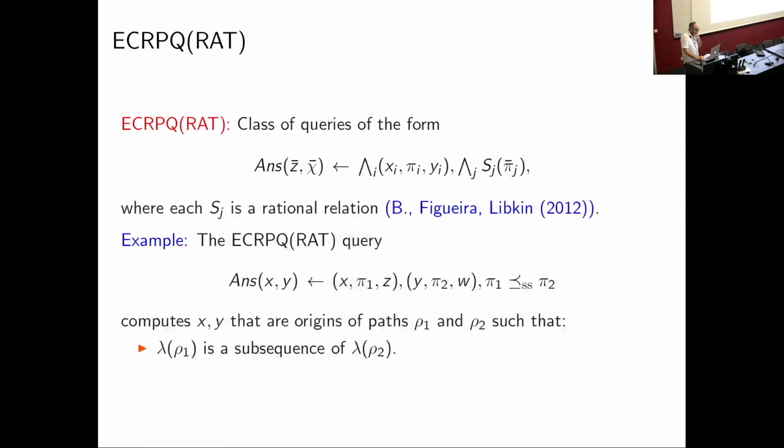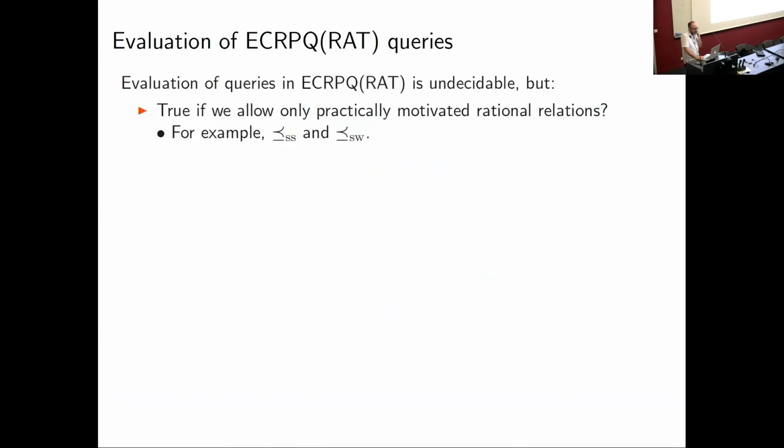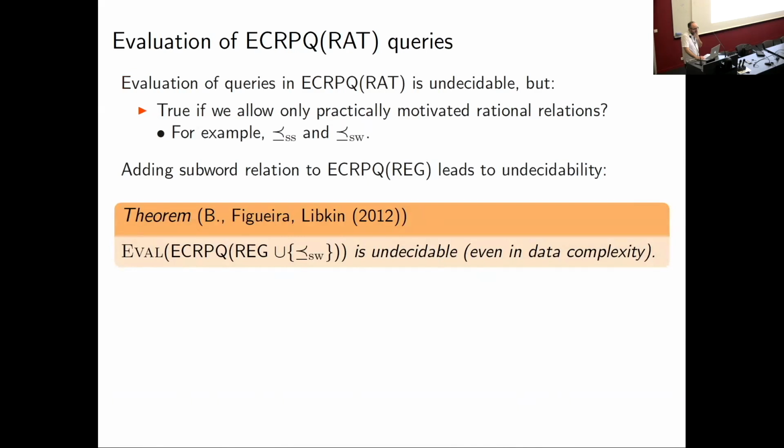But once you extend CRPQs with these rational relations that might be practical in some cases, things become really difficult. If you extend ECRPQs with subword, then this becomes undecidable.